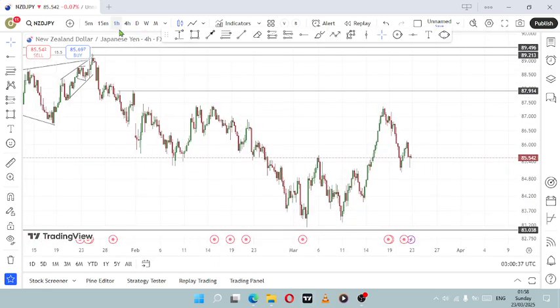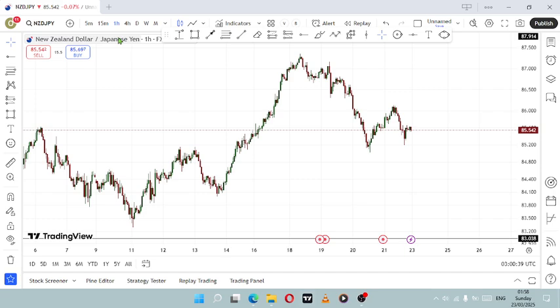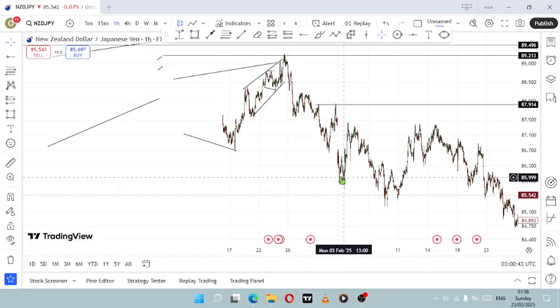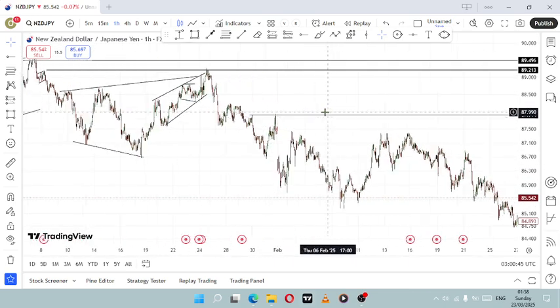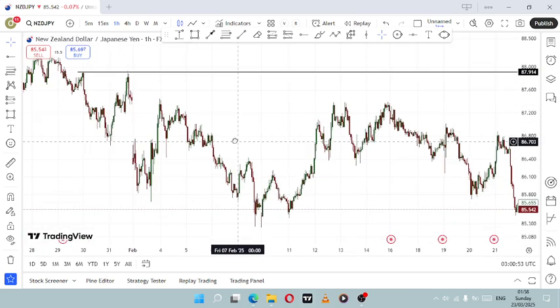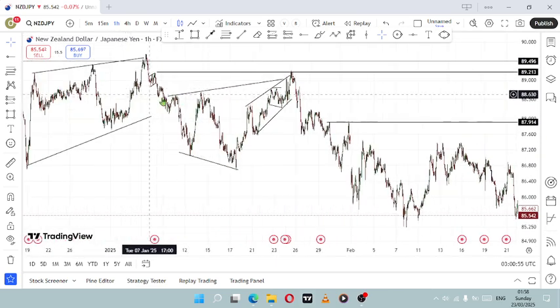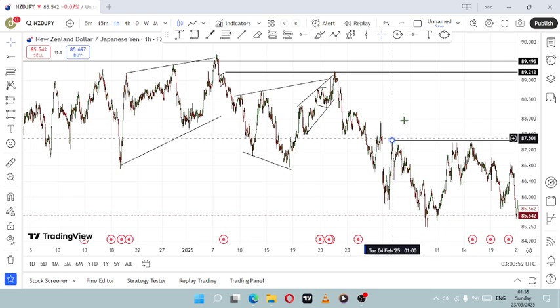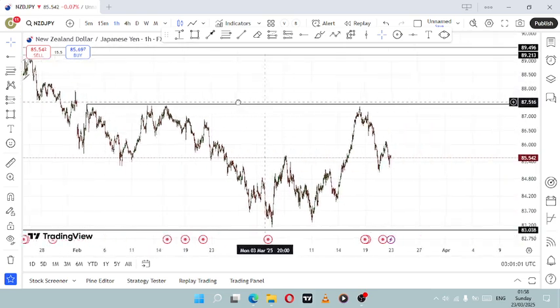So when we go back to the 1 hour, you can see price came back to tap into the structure. 1, 2, 3. And then this area here.